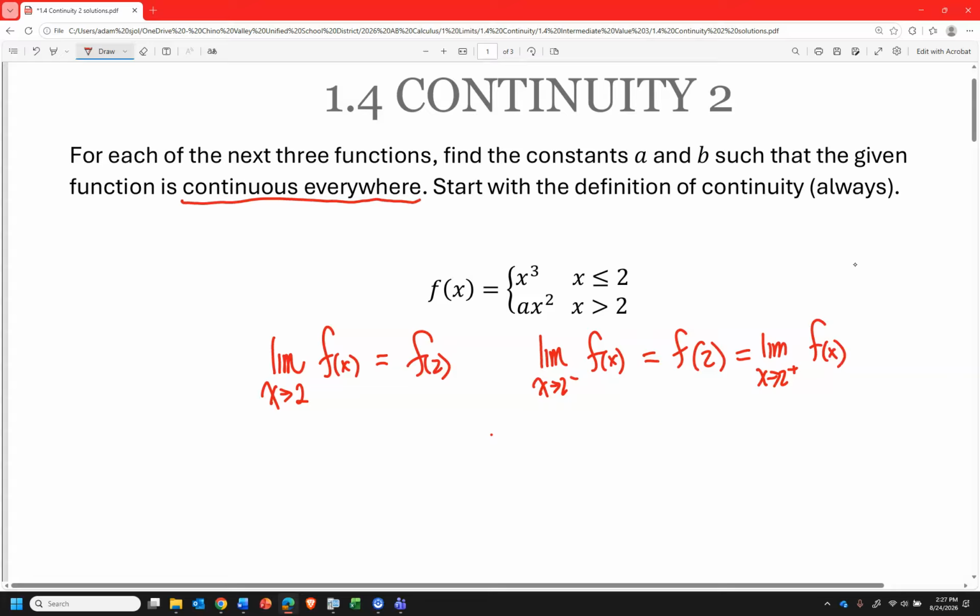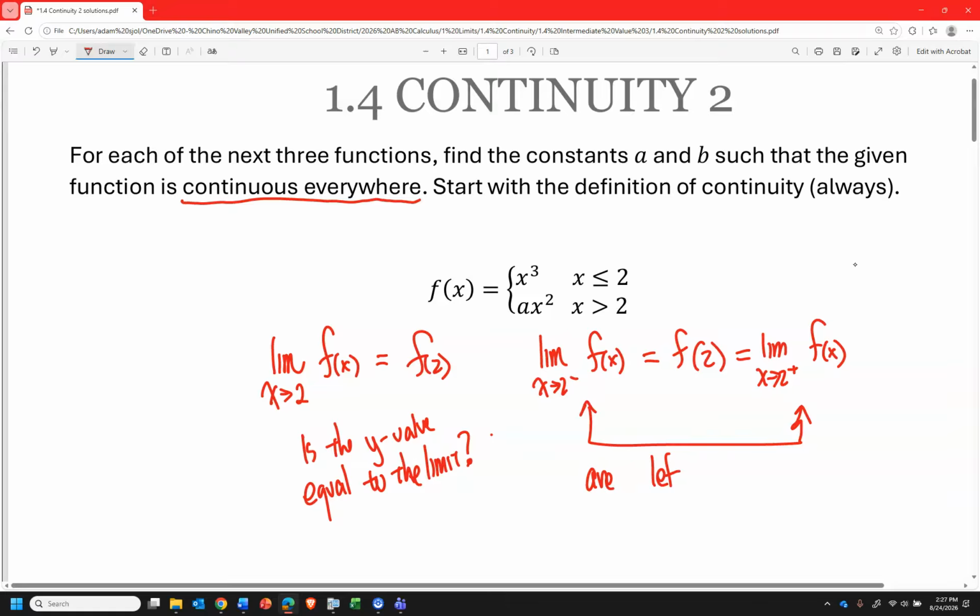Well, are we worried about over here? This is like, is the y value equal to the limit? That's actually not what we're worried about. What we're worried about is these two here. Like, are the left and right hand limits equal?